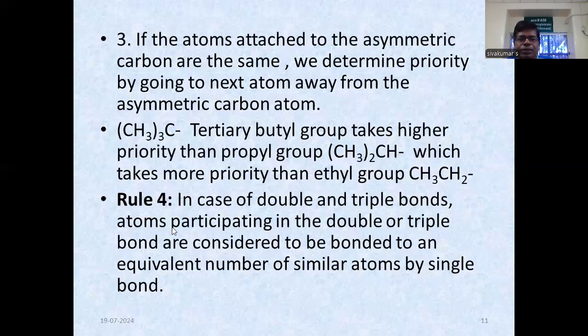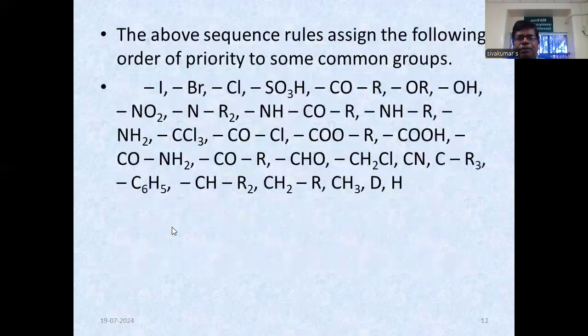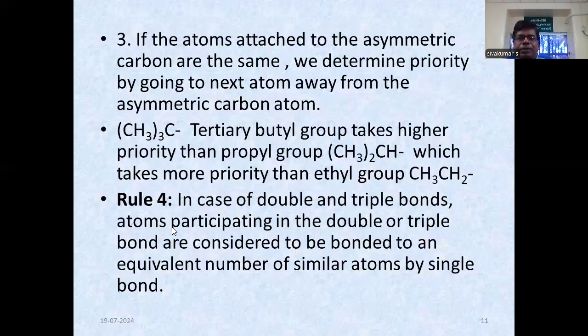Then rule number 4 states the presence of double or triple bonds. Suppose the compound consists of double or triple bonds, then priority should be assigned based on the number of double or triple bonds. That is, if a compound consists of a double bond, it gets first priority, because a double bond is considered equal to 2 single bonds, and a triple bond is considered equal to 3 single bonds.